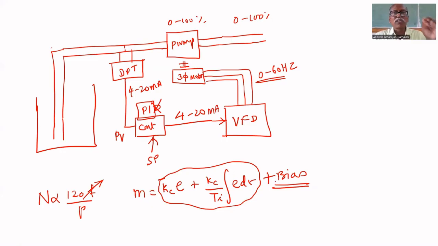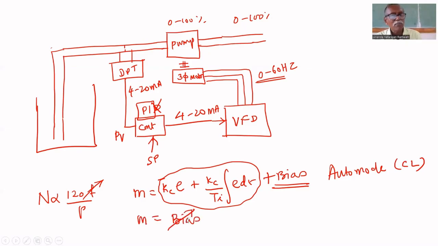Whatever the controller output in manual mode will be included in the auto mode. This is the controller output in auto mode. Auto mode means closed loop. Manual mode is M equal to only bias. Bias is adjusted. Manually, we can adjust the value. But in closed loop, bias is constant.